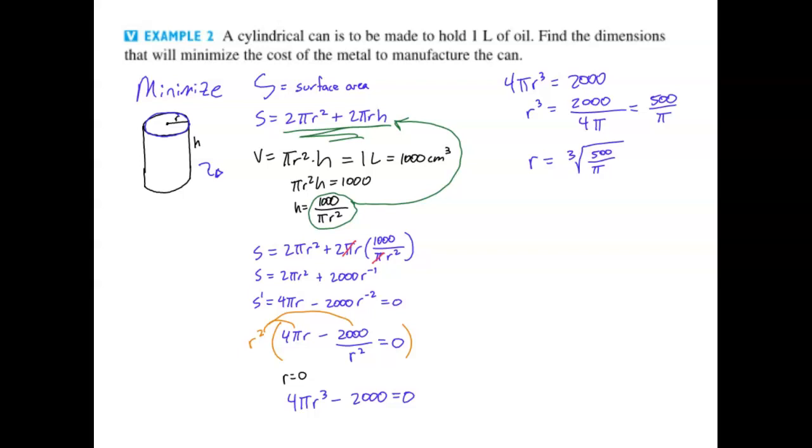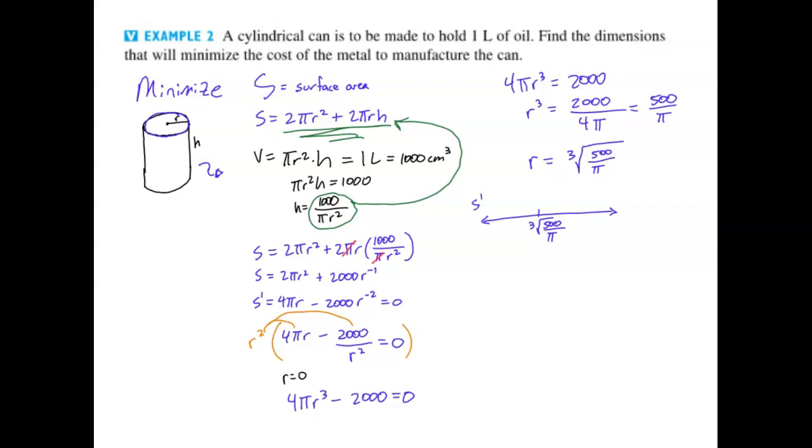All right. And so now this is a critical value. We need to verify that it's actually the location of the absolute minimum, right? So, number line. We're going to test this in specifically S prime.